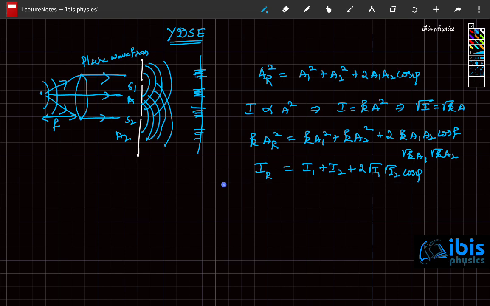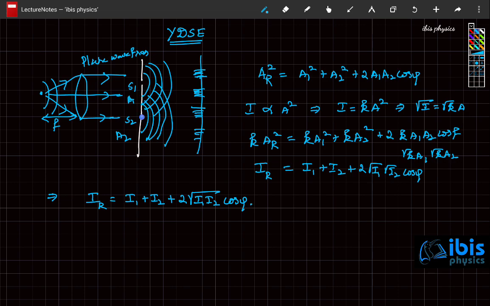So the intensity of the resultant wave formed on the screen, I resultant, is equal to I1 plus I2 plus 2 root of I1 I2 cos phi.